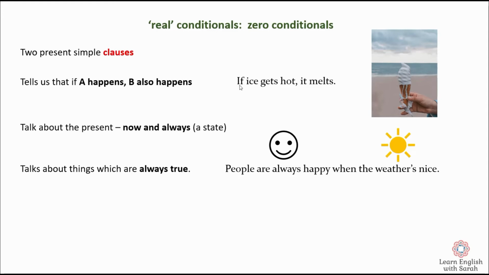So in this sentence I have my if clause at the beginning. In this sentence I have my clause using when at the end. And that means that we don't need to have the comma in the middle, okay? So main clause at the beginning, when or if clause at the end.